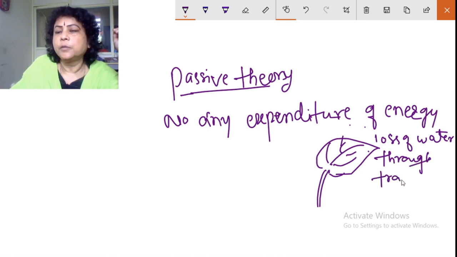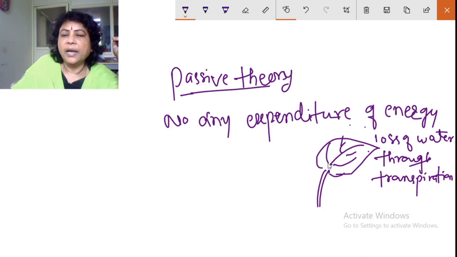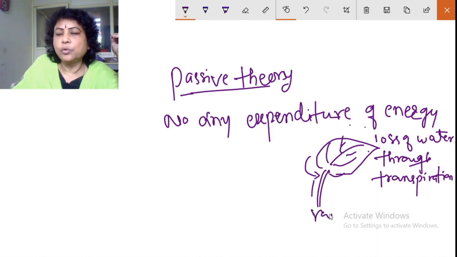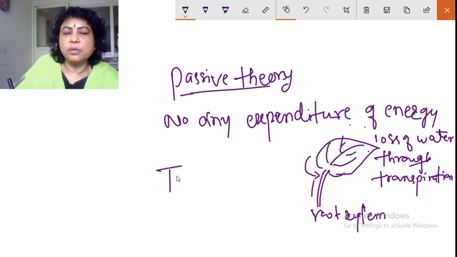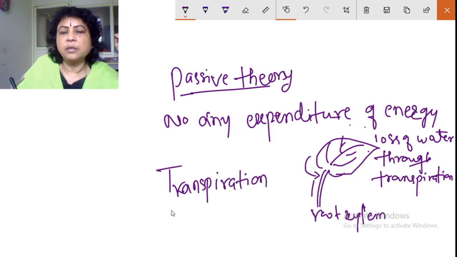As the loss of water takes place, it creates a tension, and that tension is transferred from the leaf xylem to the stem xylem to the root xylem. It creates a pull, known as the transpiration pull.